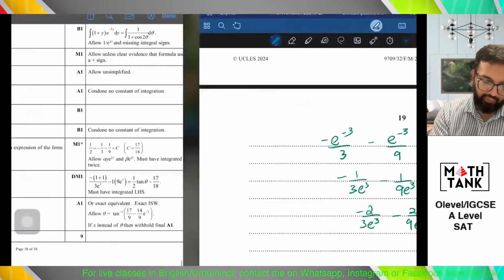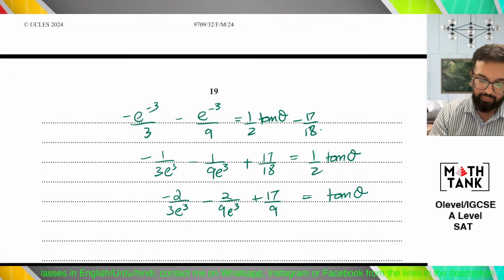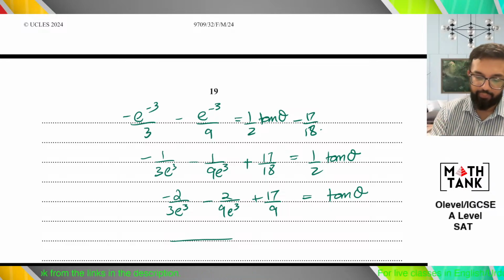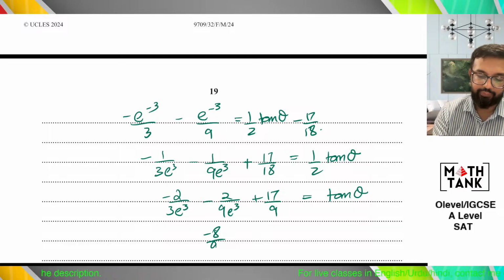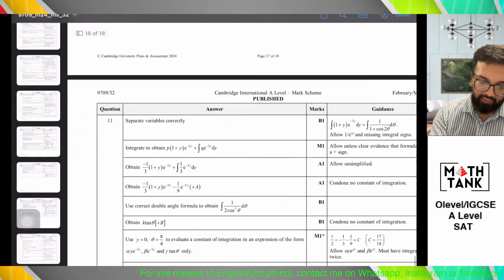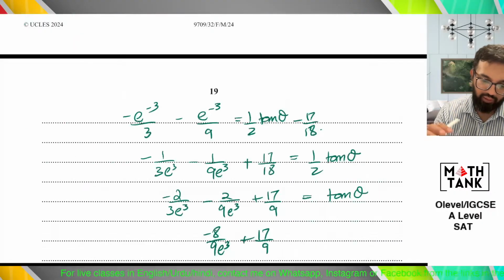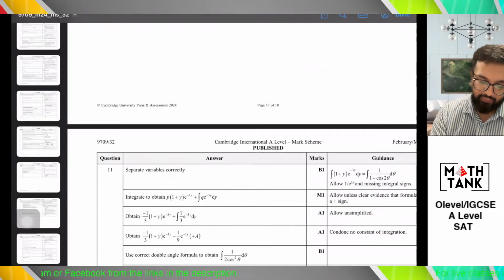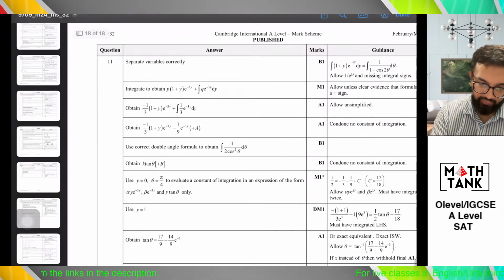This simplified the 17 over 9 and this simplified this part. I could also simplify this if you want. So that's minus 2 over 3 minus 2 over 9. But I think Martinson will let me just keep it that way as well. I don't know if that's correct. 14 over 9. Getting minus 8 over 9. Minus 14 over 9. Have I made a mistake?